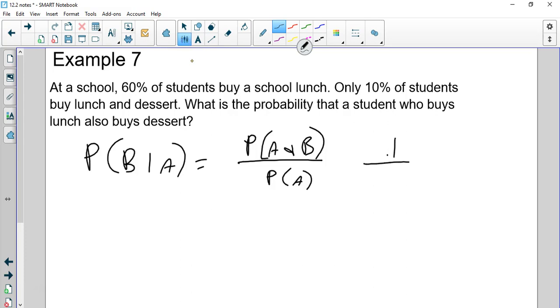And the probability of students who just buy lunch is 0.6. So if you divide that, or change it to 1/6 if you want to, either way, you get 0.167 or 16.7%. And that's it.